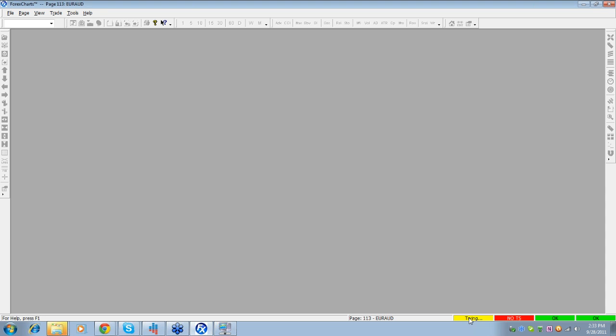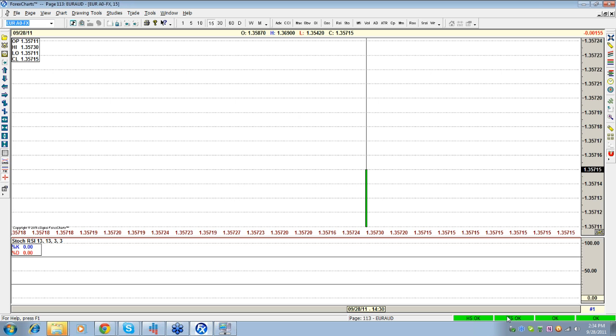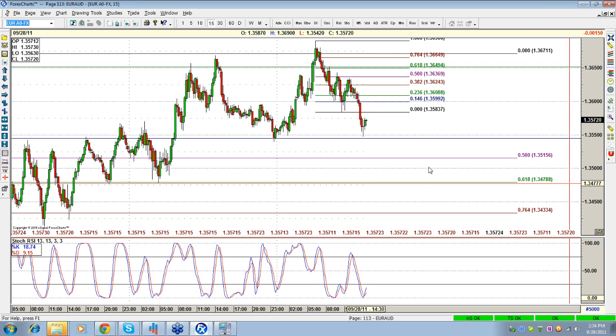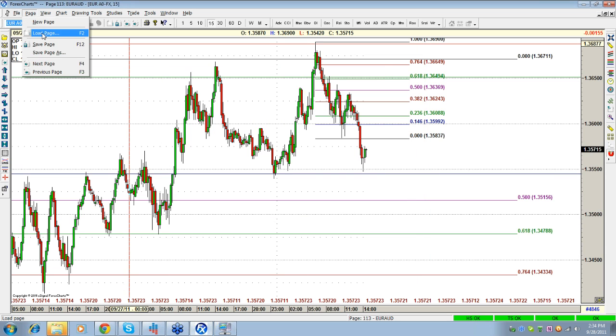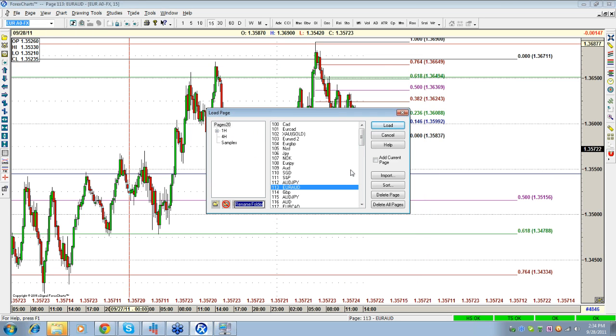Now, on the individual pairs, there is no need to cover the long-term charts. You guys understand where we are on each one of them.